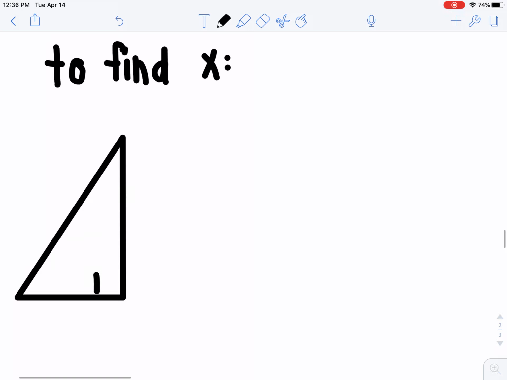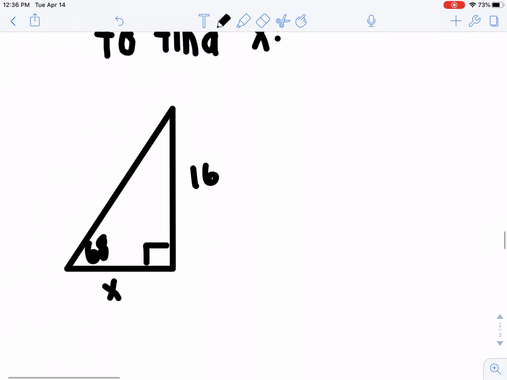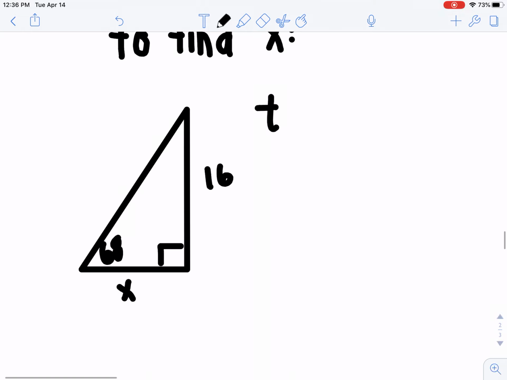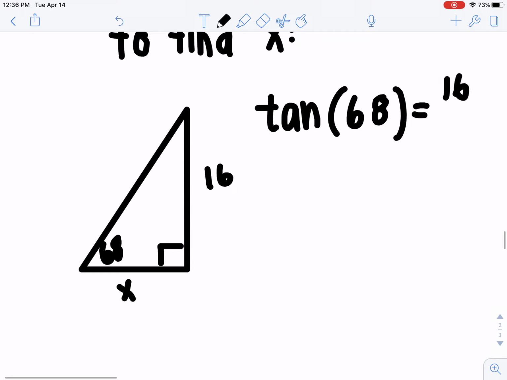Okay, so if this is my right angle, this is 68, this is x, and this is 16. Since we're referencing from 68, we have the side opposite, and we're trying to find the side adjacent, meaning that we're going to use tangent. So tangent of 68 is equal to the side opposite, which is 16, all over the side adjacent.